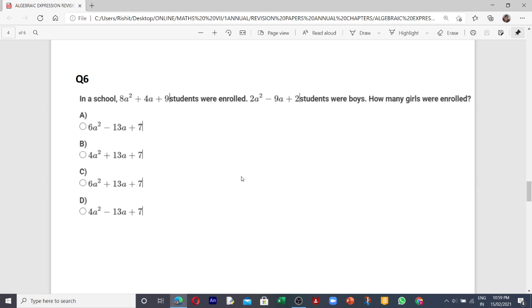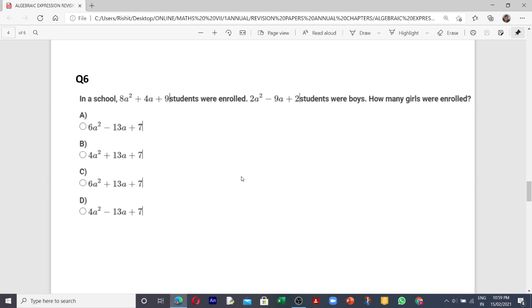Out of the whole strength, this one is the strength of boys. So how many girls were enrolled? What you will do? You will subtract the number of boys from the total strength, the total students who were enrolled in the school.